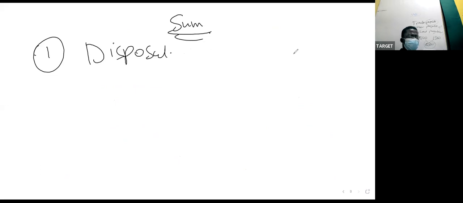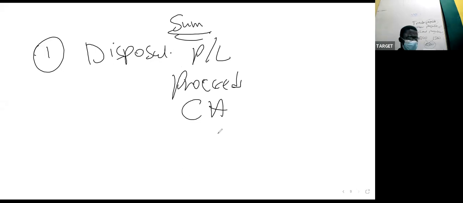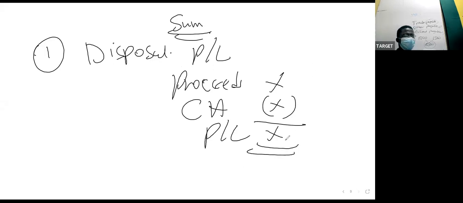Disposal per IAS 16. To calculate the profit or loss, we need what? The proceeds, how much we sold the asset for, the carrying amount of the asset, and the profit or loss. Simple as that. No examiner will give you all 3 at a time. I repeat, no examiner. But you need all these 3.